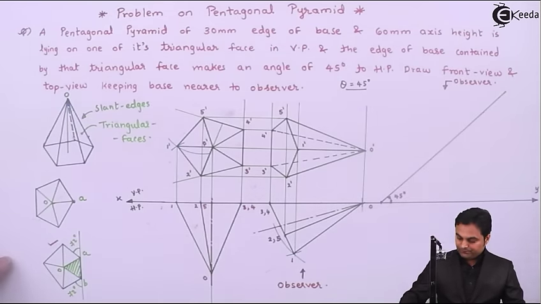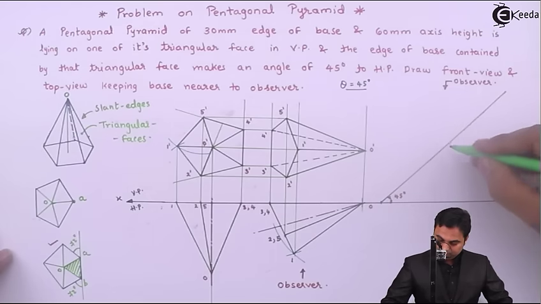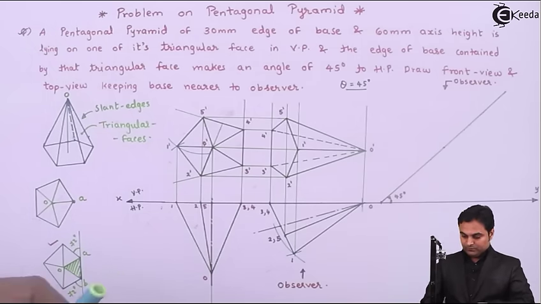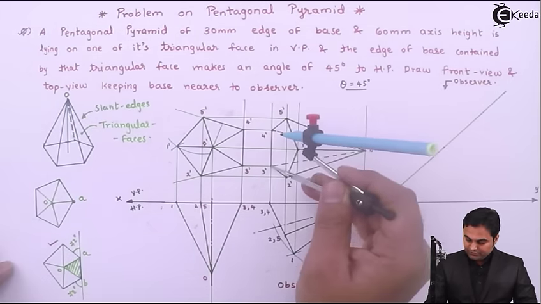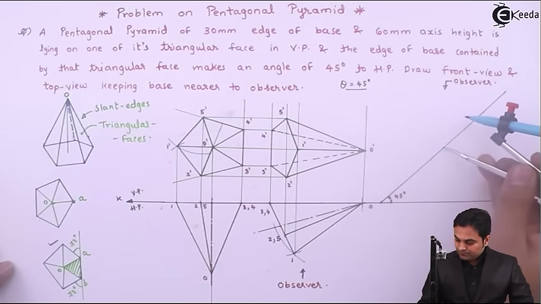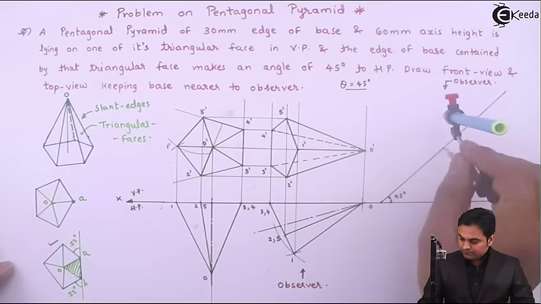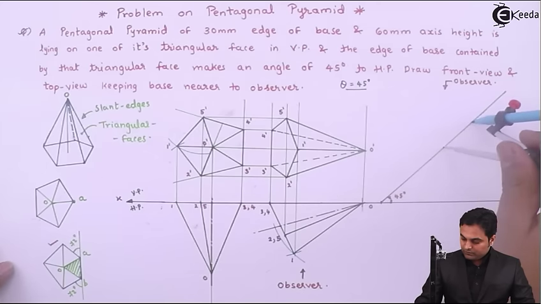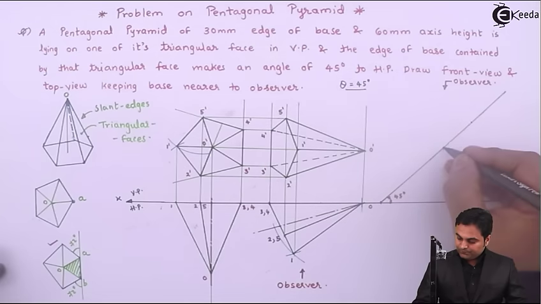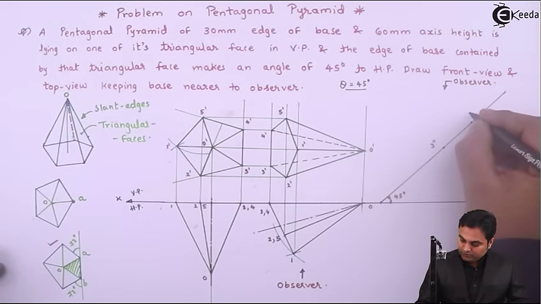So here I am selecting a point, marking this edge 3 dash 4 dash over it. So this gives me point 3 double dash and point 4 double dash.